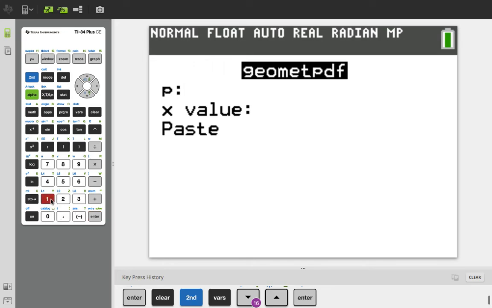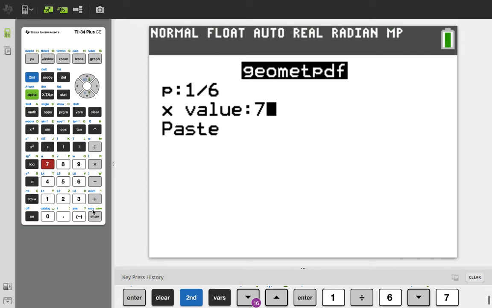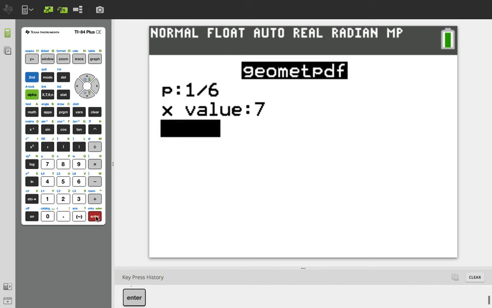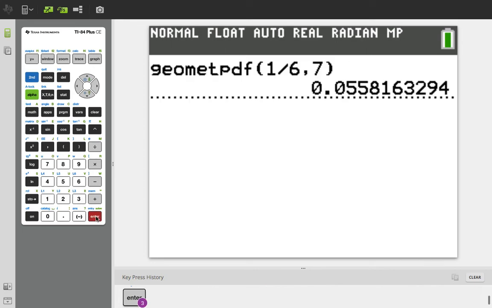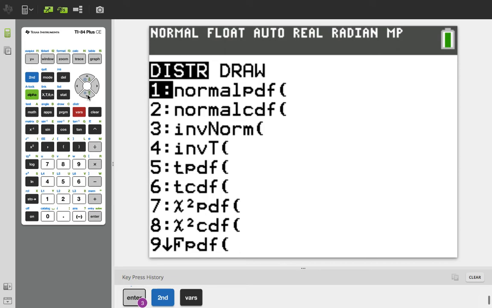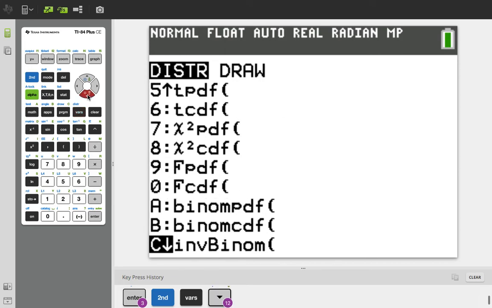Our probability was 1/6, and we want to get a success on the 7th one. PDF is when you just want that exact number. We can use CDF for anything up to that number.